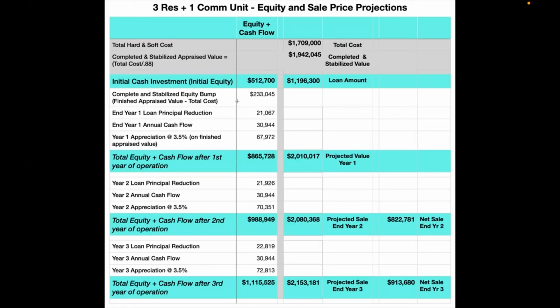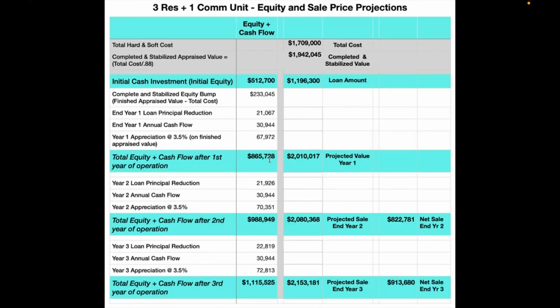So it's the same type of thing, but the size of that when you do new construction, you're adding huge value because it's all brand new. So the value add is way up. So again, with this appreciation, you go up to $2,010,000 is your projected value at the end of the first year of operation.